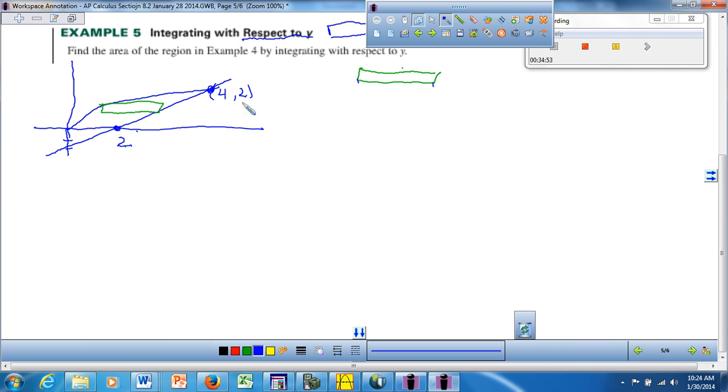What will I do? Thank you, right minus left. So our integral would be right function minus left function. And my differential will no longer be dx, it will be dy.